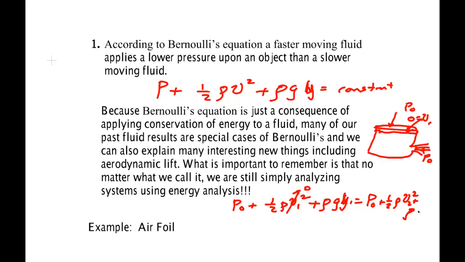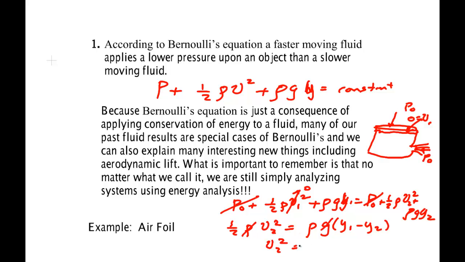is equal to P naught plus 1/2 rho V2 squared plus rho g Y2. The pressures cancel, and we get 1/2 rho V2 squared is equal to rho g (Y1 minus Y2). The rhos will cancel.